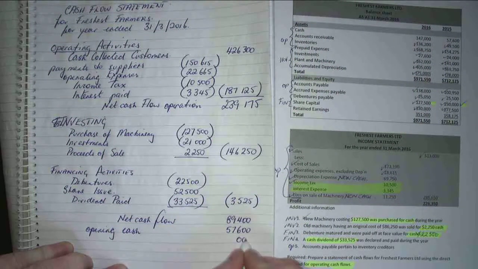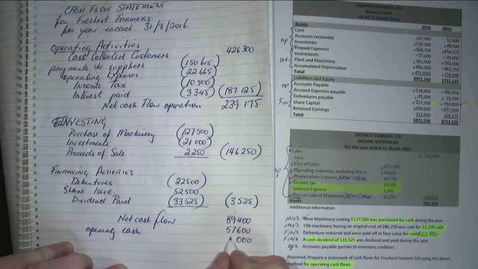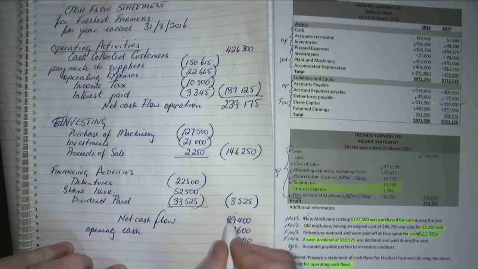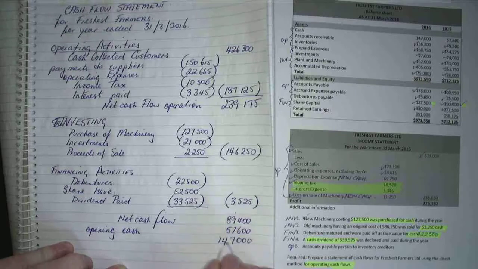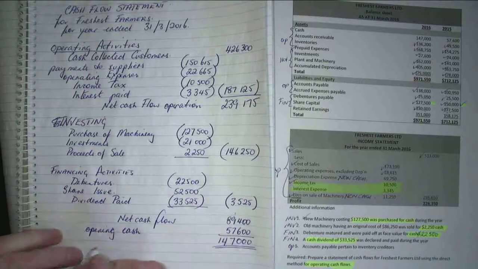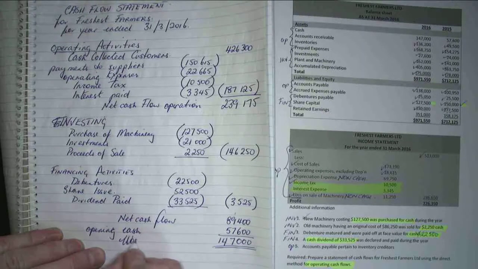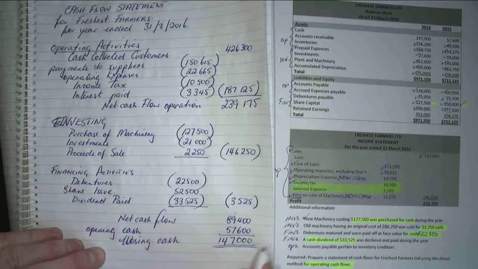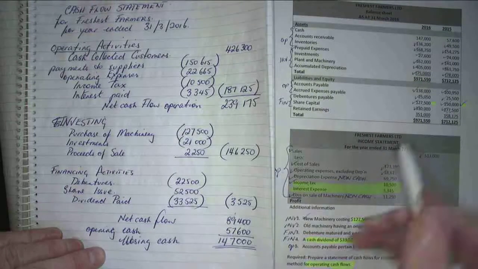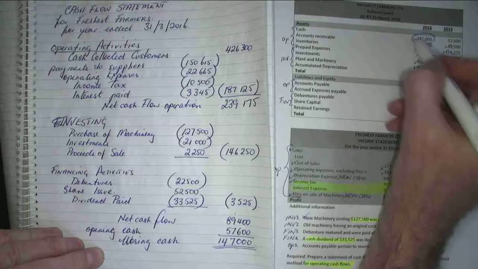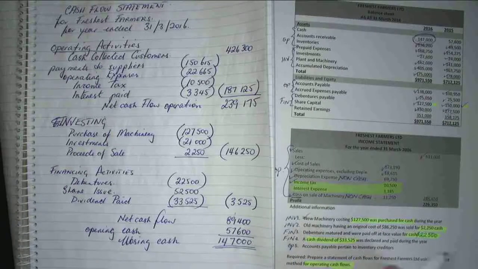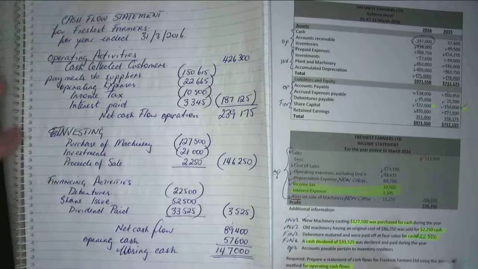That's 0, 0, 0, 7, 9 and 4 is 47, 147,000. So that should be my closing balance. So my closing balance there, so that 147,000 agrees with my 147,000 up here. So I know now that I have completed my cash flow statement.